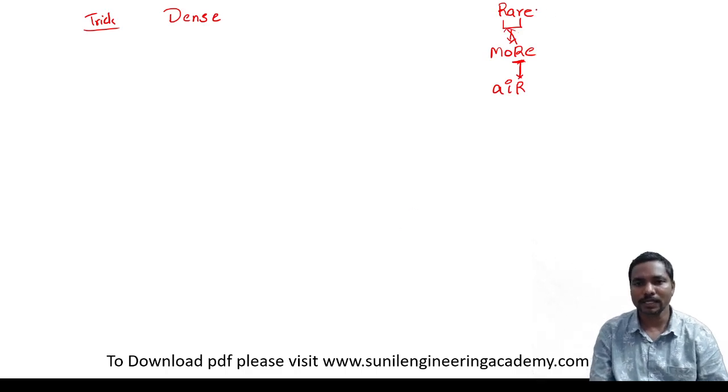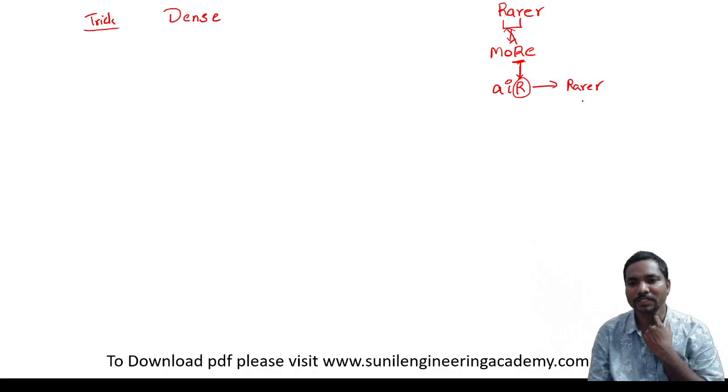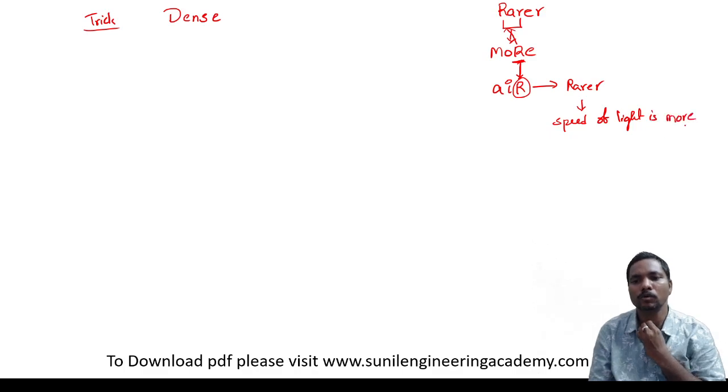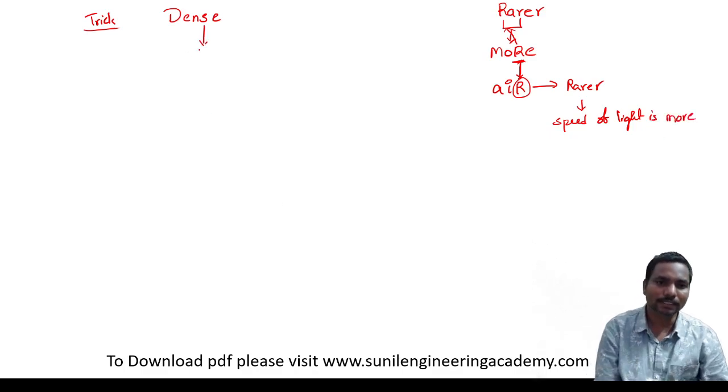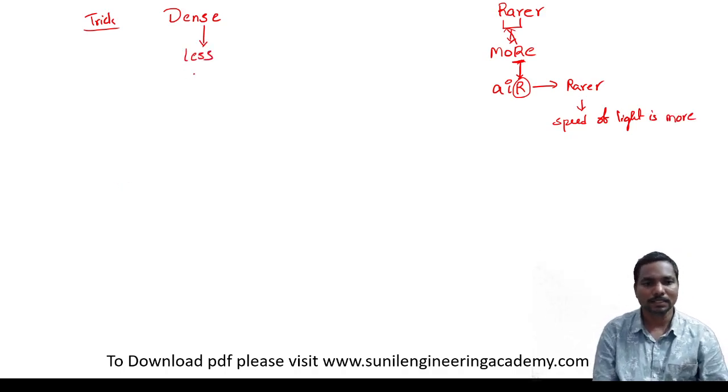So it is a rarer medium, in which the speed of light is more. Okay, dense, S for less. S is the domination here. Denser medium, less.